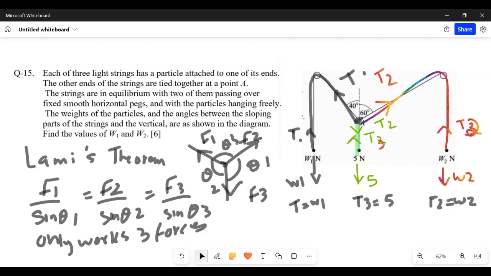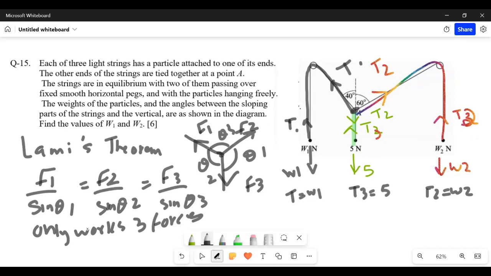So I'm going to apply Lemmy's theorem here. बल्कि I know all the opposite angles as well. ये वाला एंगल क्या हो जाएगा, 180 माइनस 40, 140, और ये वाला एंगल हो जाएगा 180 माइनस 60, 120. ठीक है, सो आई एम गोइंग टू यूज लेमीज थ्योरम, तो आई एम राइटिंग T1 ओवर, T1 के ऑपोजिट ये पूरा एंगल है, ये एंगल है T1 के ऑपोजिट, it is 120.